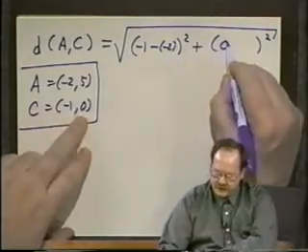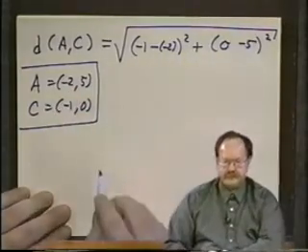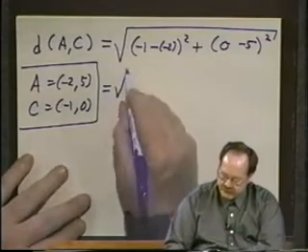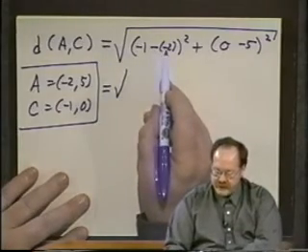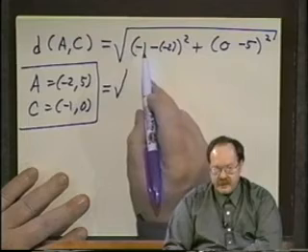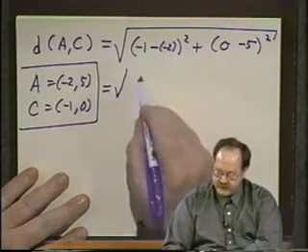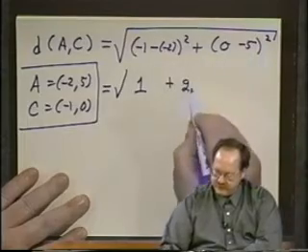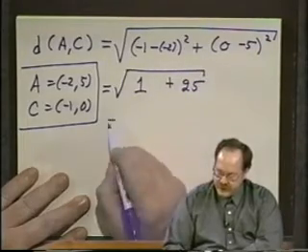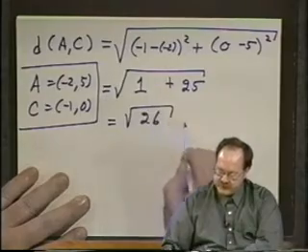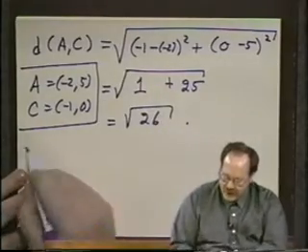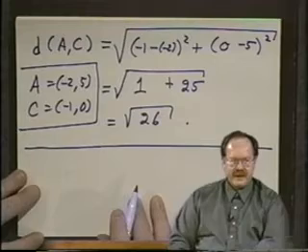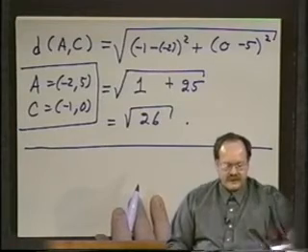And the difference of the y's would be 0 minus 5. Well, again, this is simple. Minus 1 minus minus 2 is plus 2, 2 minus 1 is 1. 1 squared is 1. Plus minus 5 squared is 25. So I have now the square root of 26. So I have the 3 distances. And I think you see already what's going to happen.